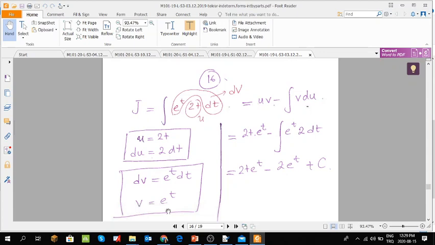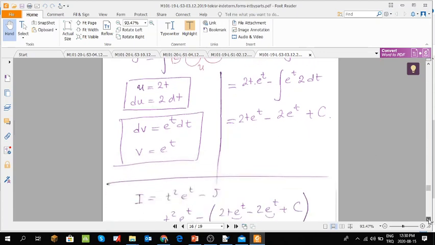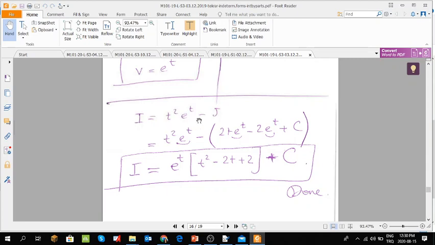From here, v is equal to e to the t. Now I have u, v, du, everything I need. I put them in here. u is 2t, v is e to the t, minus the integral of e to the t times du, which is 2 dt. And then this part is okay. This part, the antiderivative is e to the t, and this is the final answer. Now I found my J, so I'm going to go back and write it in.